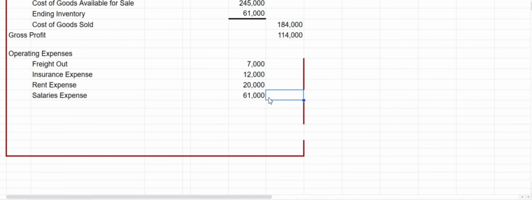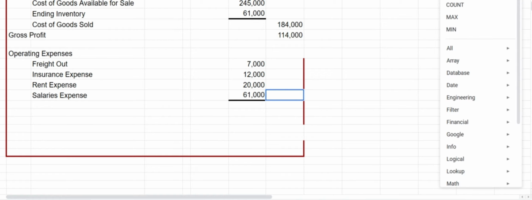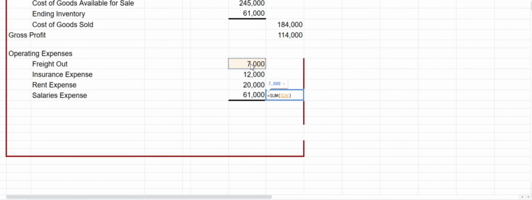So basically, now we just need to add these all up to get our total operating expenses, which is 100,000, which is a nice number.